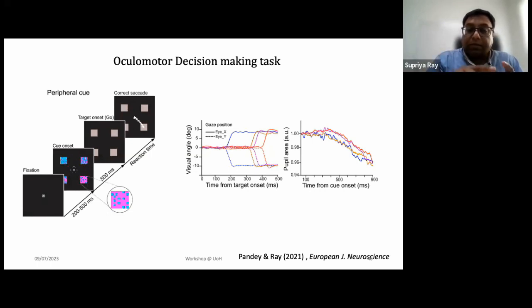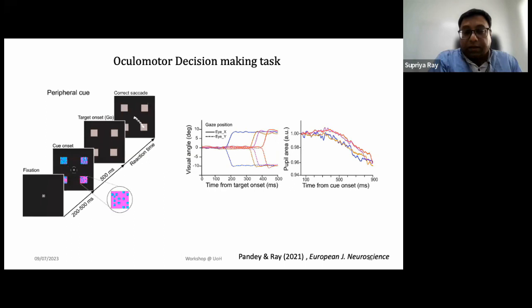Okay, so the checker boxes were masked by identical gray squares of the same dimension, and the subject made an eye movement to the target to indicate their choice, meaning what they thought was the target. Is that clear?